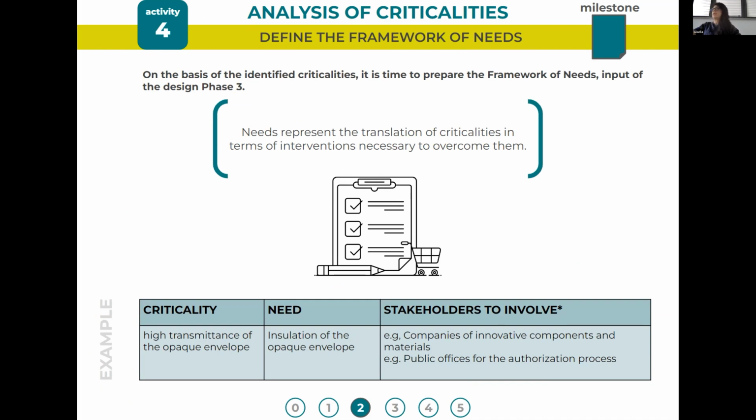And it is very important in this very early phase of design, because it's a pre-design activity, to identify the stakeholders to involve. For example, in the case of insulating the opaque envelope, it can be very useful to immediately get in contact with companies of innovative components and materials for insulation, but also with stakeholders that can have a particular weight in the authorization process, such as public offices.